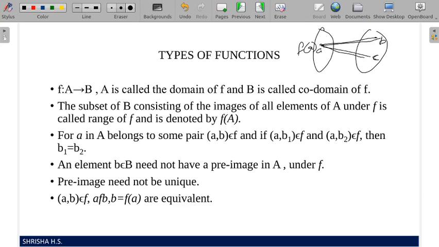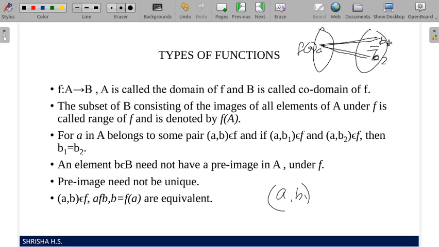While calculating in an equation, somehow if we get a comma b1 belongs to the function and a comma b2 belongs to the function, so both b1 and b2 map from a, then b1 should be equal to b2. Only then that kind of mapping is possible.